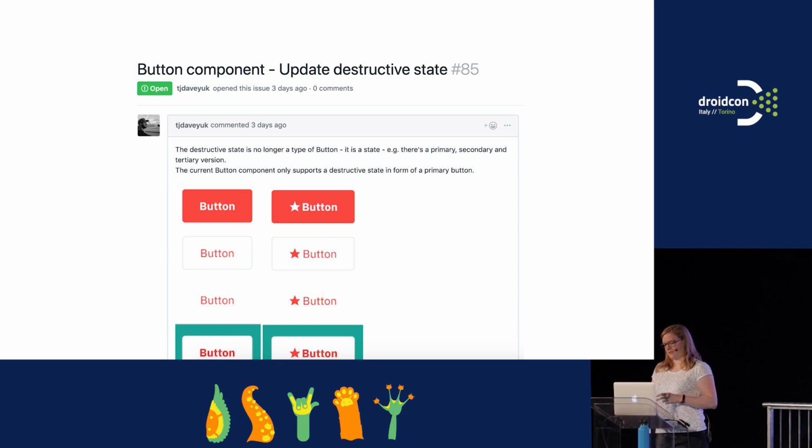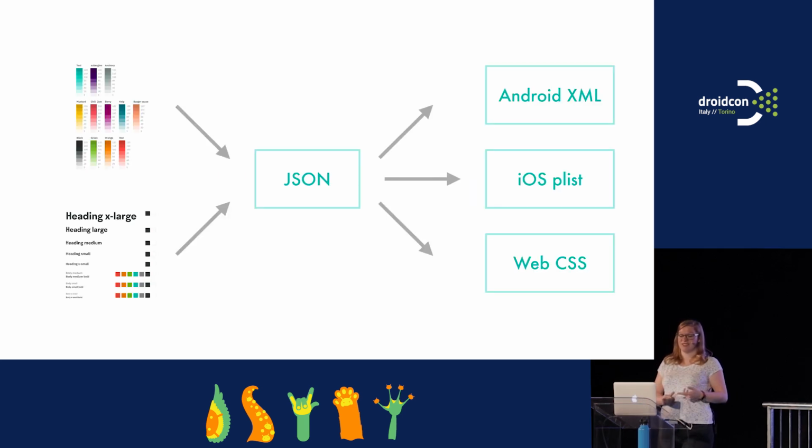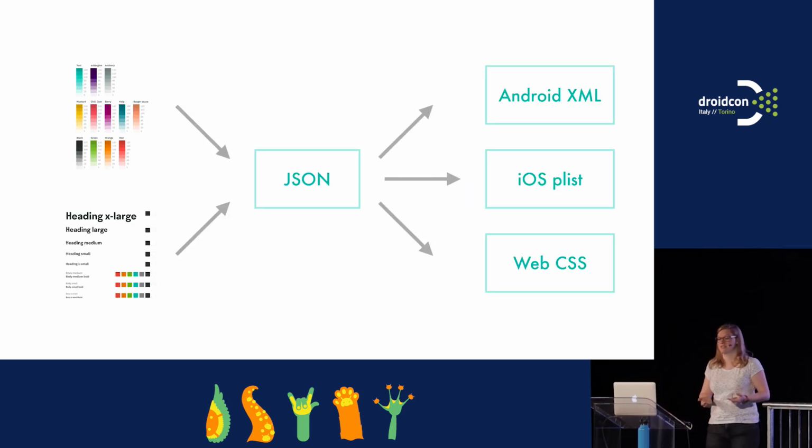If that changes, do you really have to go and update the text code manually? Now, there's a thing called design tokens, which Salesforce uses heavily. And those are essentially the core styles of your application. So colors, text styles, maybe some dimensions. And these get generated into a JSON file. And then this essentially generates a platform-specific version.